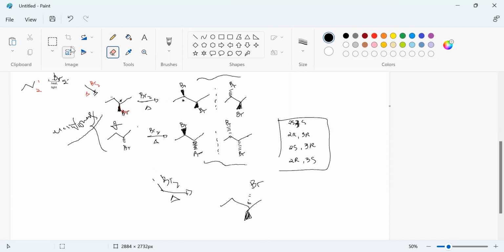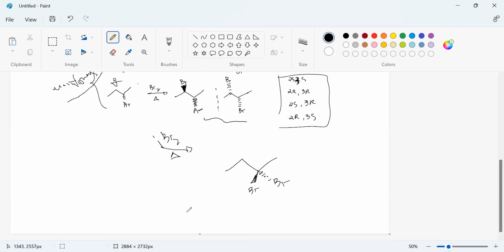It's not chiral. So either way, you actually get the same because this is not a chiral compound.